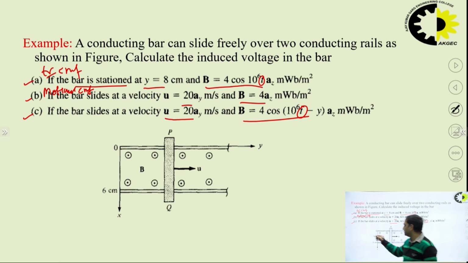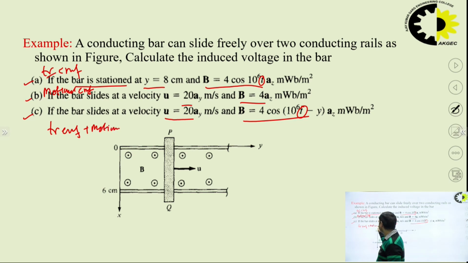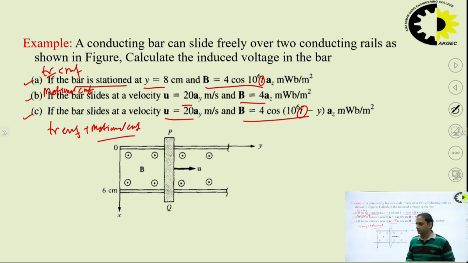It means in this case the transformer EMF plus motional EMF will be present. Both EMFs will be present, so the addition of these two EMFs will be present in the third case. I hope this point is clear to all of you.